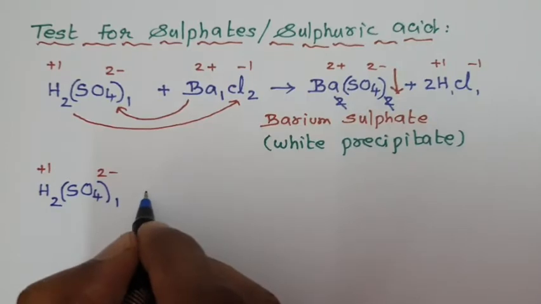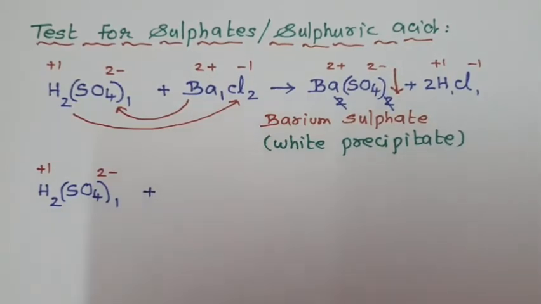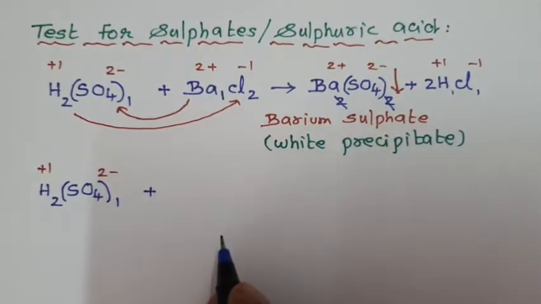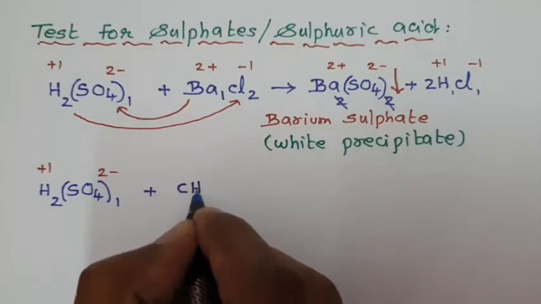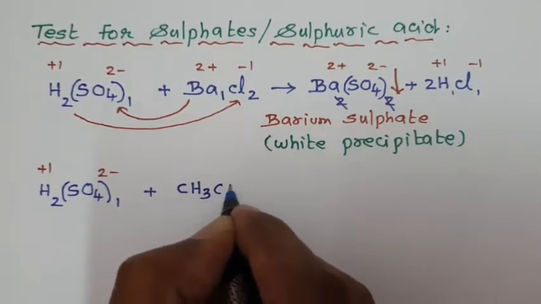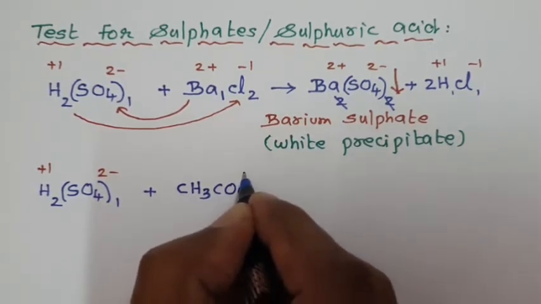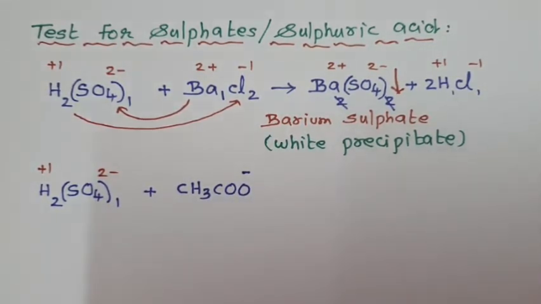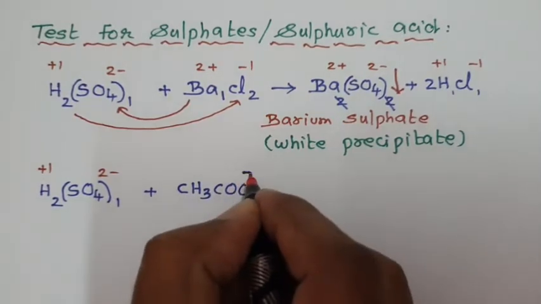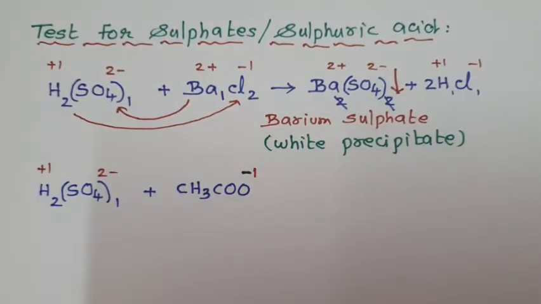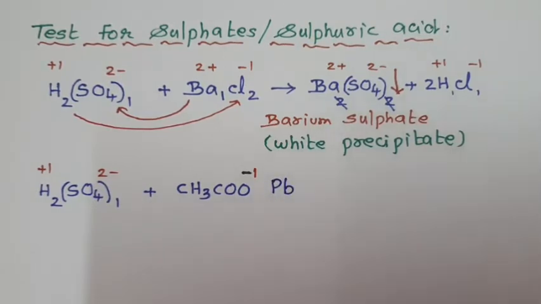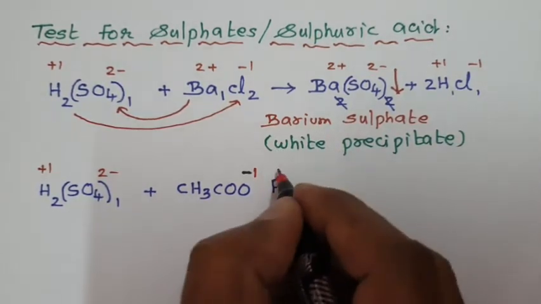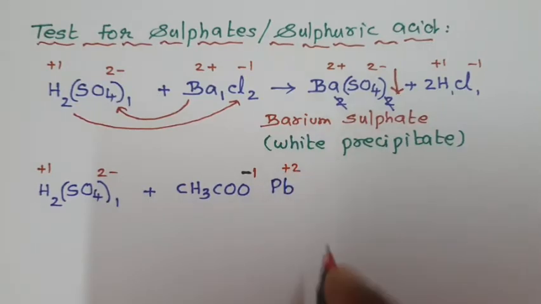Sulfuric acid, when treated with lead acetate. If acetic acid CH3COOH loses one hydrogen, we will get the acetate ion. Acetate is a 1- ion. And lead Pb is a 2+ ion, having lost 2 electrons.